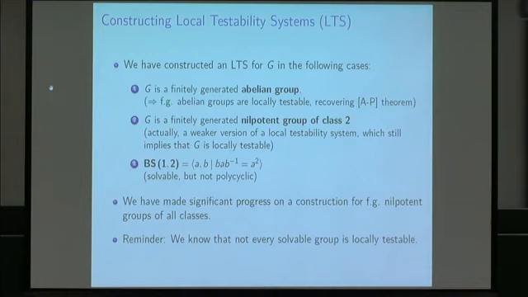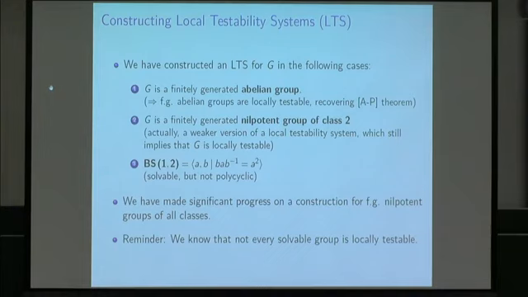And this result about finitely generated nilpotent groups of class 2, I really strongly believe that we'll be able to do it for all nilpotent groups. I'll tell you more. Actually, the situation now is that we already have a construction of a local testability system for all nilpotent groups, but only a proof that it really works for class 1 and 2.